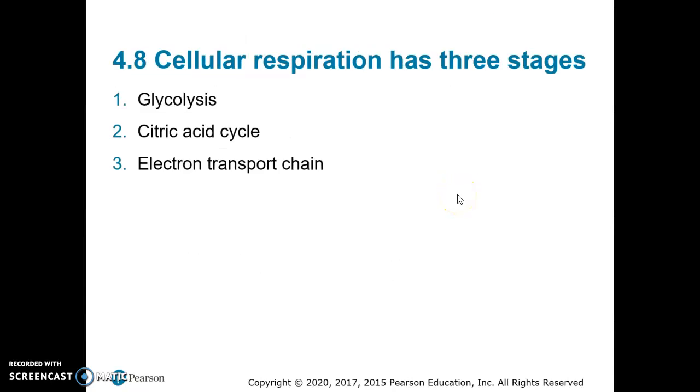Okay, cellular respiration is broken into 3 stages. If you take a look at your textbook, those 3 stages are pretty complicated and they've got way more information than what is really going to increase the quality of your life. So our goal isn't to dive in deep into cellular respiration.